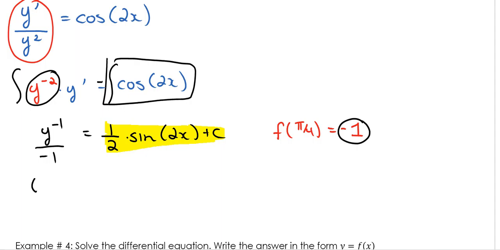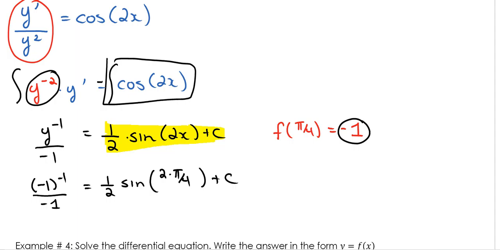So this is going to be -1 to the power of -1 divided by -1 equals 1 over 2 sine of, if I plug in 2 times pi over 4 here, that's the same thing as pi divided by 2. And if you do know your trig functions, sine of pi over 2 is going to give you a value of 1.